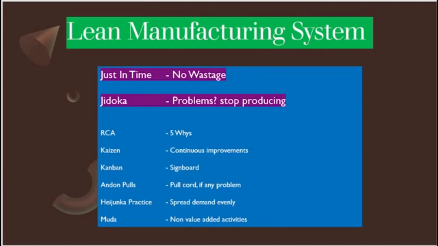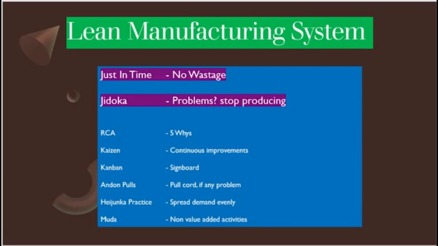This similar kind of process is now mostly used in all manufacturing industries and also some service industries, which is called just in time. So produce only what is needed, how much is needed, and only when it is needed. Any deviation is considered as waste. So this is all about just in time.